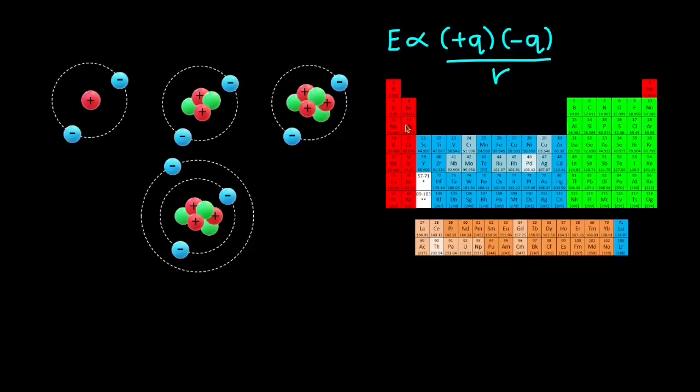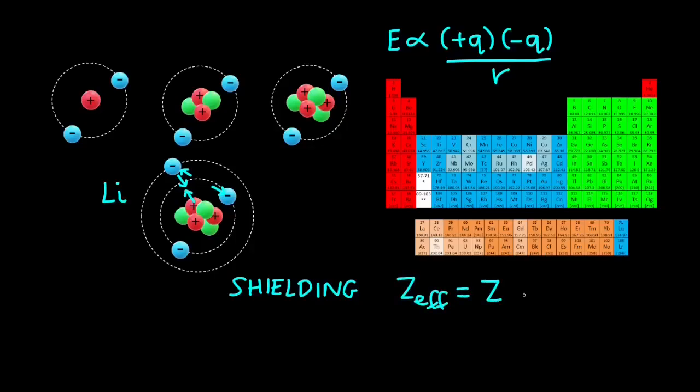Now suppose we consider this atom of lithium. Well, the nucleus will attract the valence electron, but the core electrons are going to repel it. So therefore the core electrons are shielding the valence electrons from the nucleus and reducing the effect of the nucleus's charge. So therefore we define the effective nuclear charge as the number of protons in a nucleus minus the shielding constant.